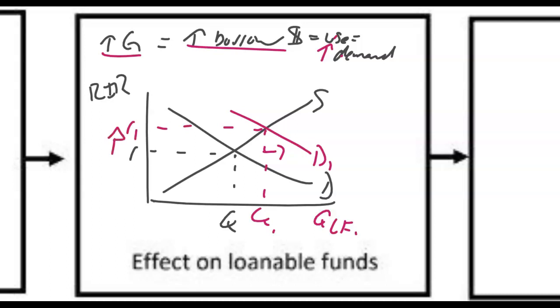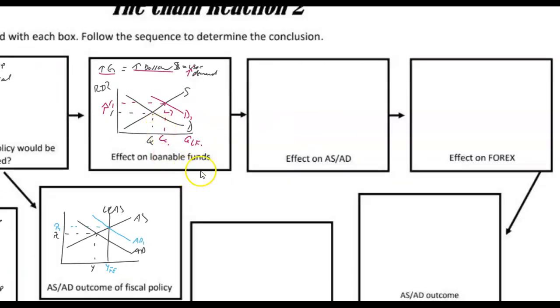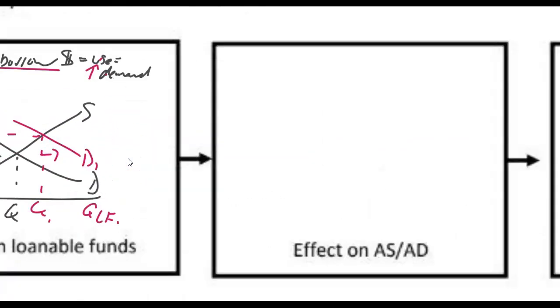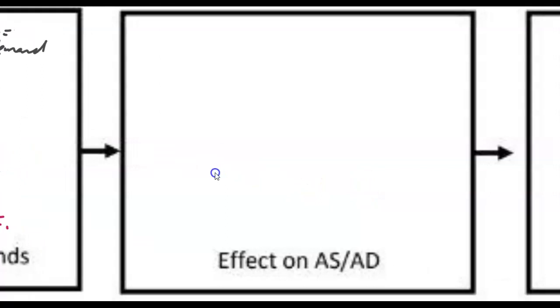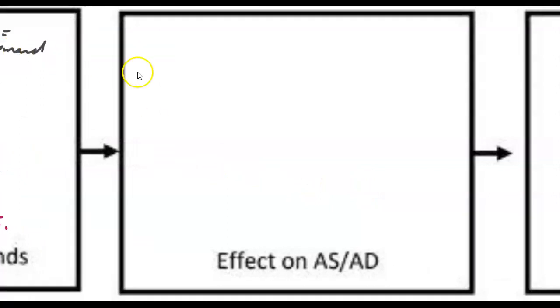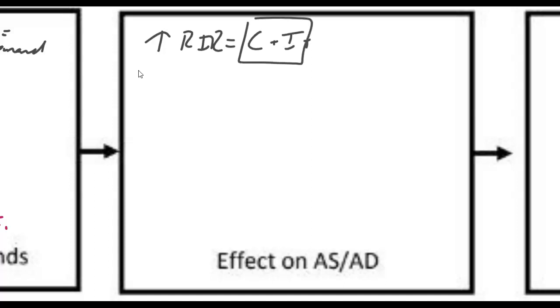So how would that increase in loanable funds affect the AS-AD graph? If it's more expensive to borrow money, and again, I'm going quick, so if you need to slow down, pause and do that. We have an increase in the real interest rates, which was found in this loanable funds graph. Based on this, households and businesses are going to be our main two, along with government spending and net exports.